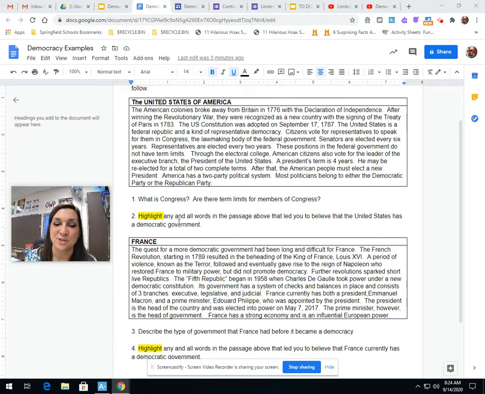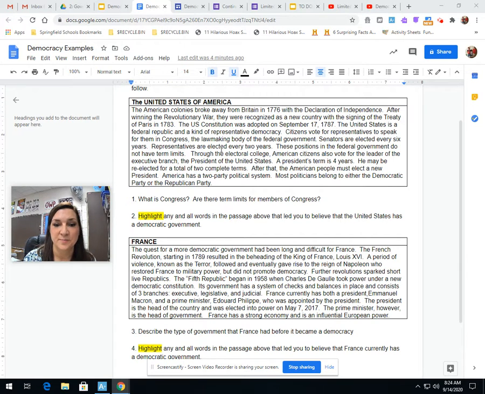The second question, you don't have to type anything, you need to highlight. So you need to go back to this paragraph and basically cite your evidence that led you to believe that the United States has a democratic government. So you're looking for words and phrases that would make you think, red flag, US has a democracy.